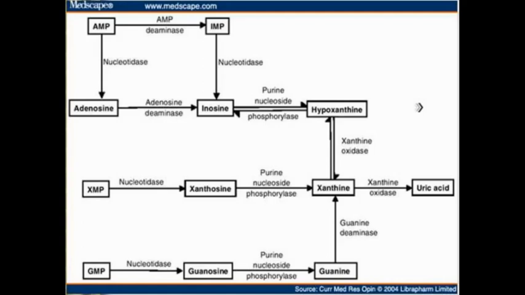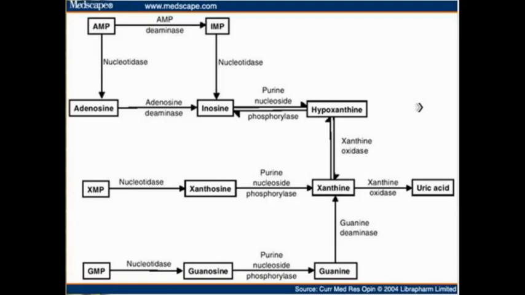From hypoxanthine, we get xanthine with the help of xanthine oxidase. There are other ways of formation of xanthine. One is XMP is converted to xanthosine with the help of nucleotidase, which in turn forms xanthine with the help of purine nucleoside phosphorylase in our body.